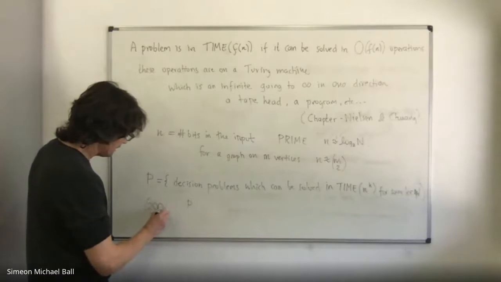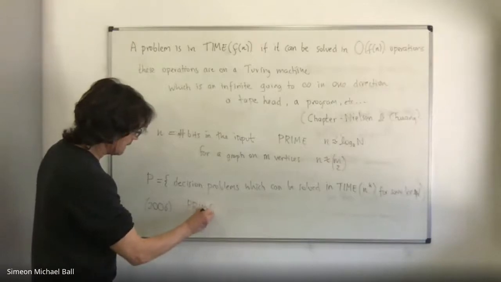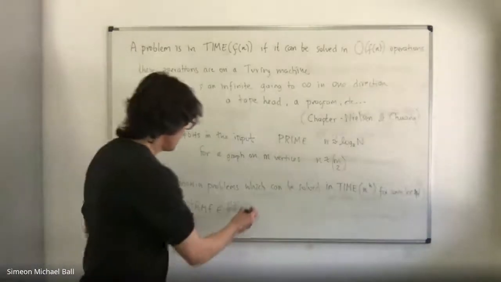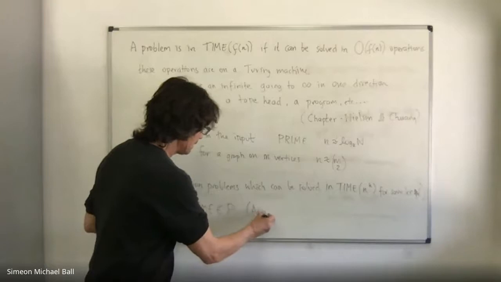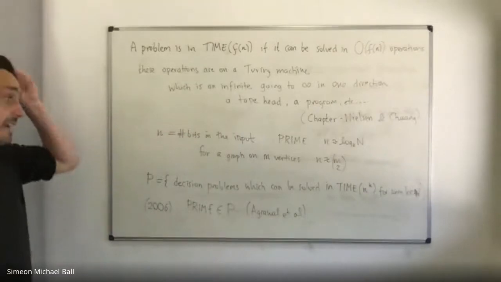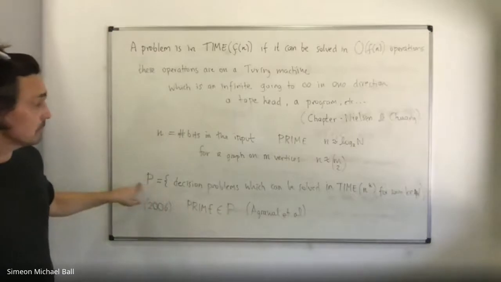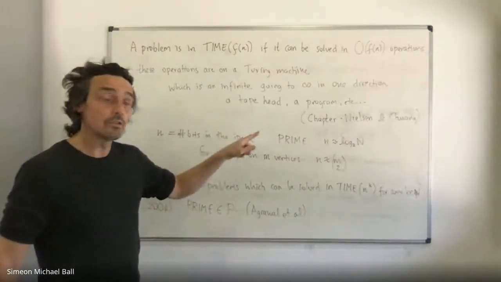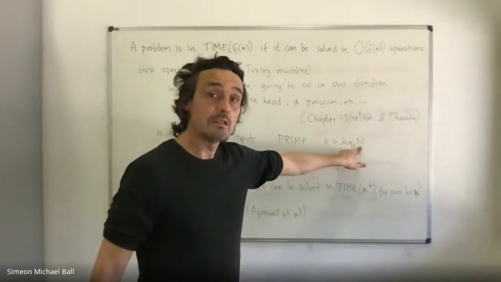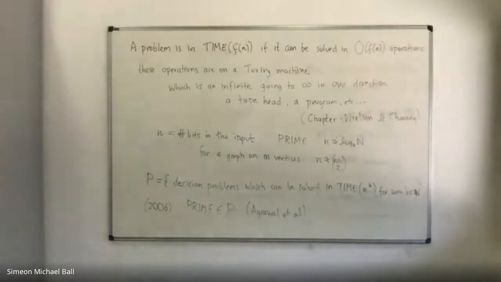In 2006, the problem prime turned out to be an element of this P. This was suspected but not proven, and that was an amazing achievement: to find a polynomial time algorithm which allows you to decide whether this capital N is prime.